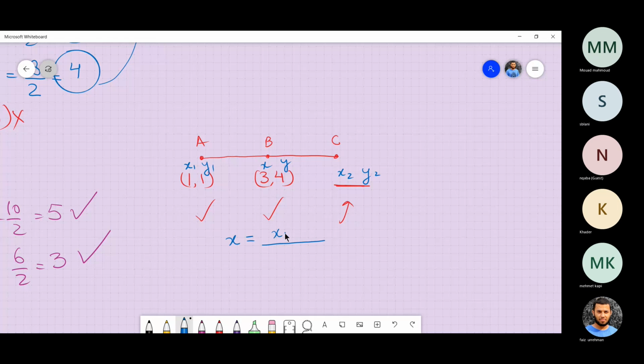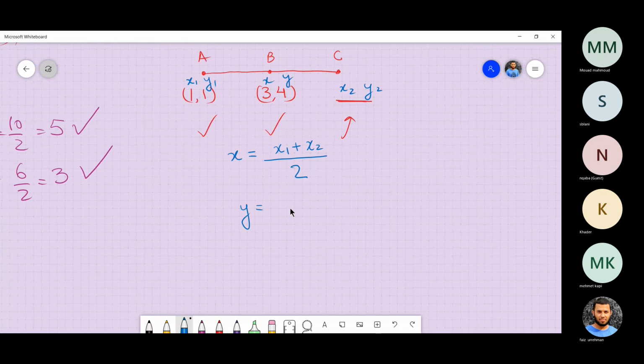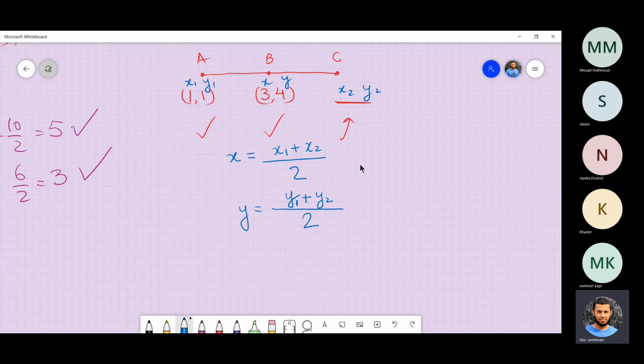X1 plus x2 over 2. And what is the formula for y? y1 plus y2 upon 2.